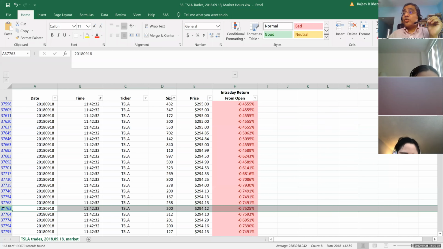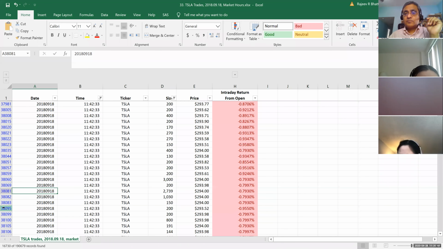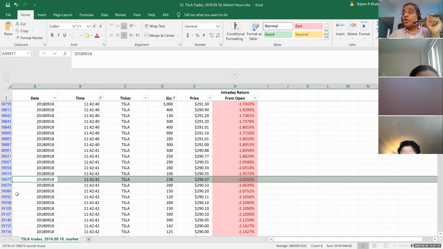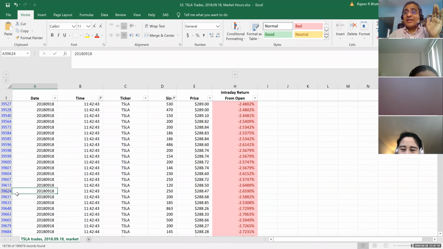By 11:42.32, 32 seconds after the Bloomberg article, it's already down by negative 0.75%. At 42 seconds after the article, negative 2%.